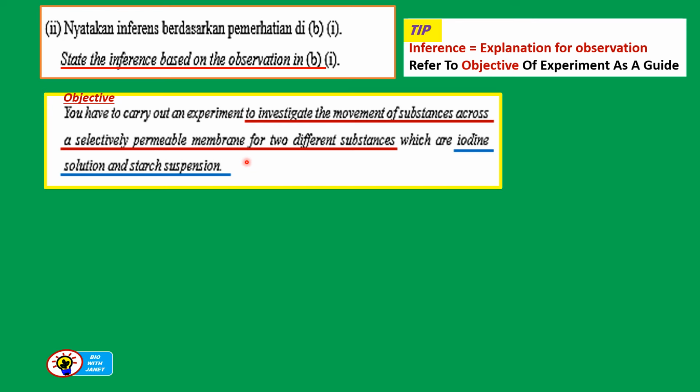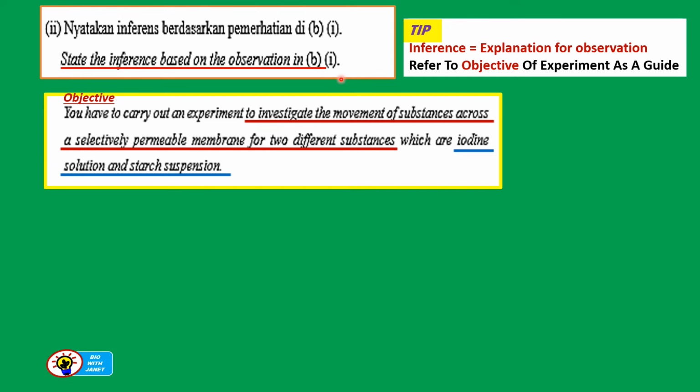If you look at the observation in B1, in the table of results, you can see that the whisking tubing turned blue-black after 15 minutes, whereas the solution in the beaker did not. So how are you going to explain this observation?